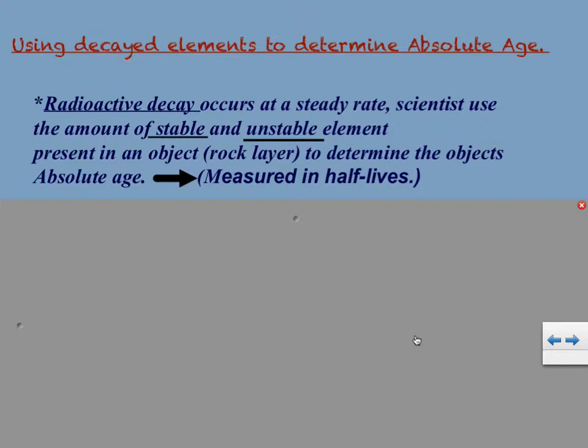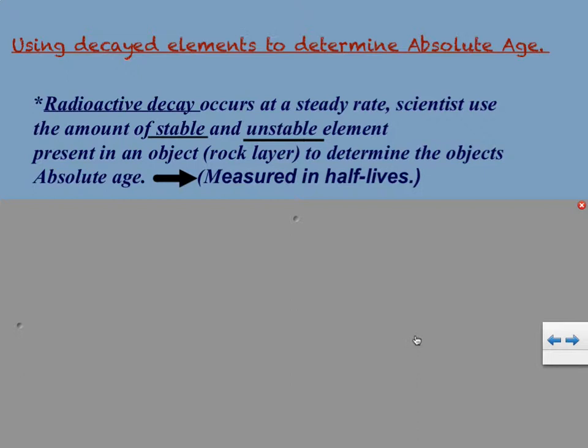So for instance, if the half-life is 5 seconds, it's going to remain 5 seconds. And what that means is half of the stable element that's there is going to go away after its half-life. So after 5 seconds, half of it's going to be gone. After another 5 seconds, another half's going to be gone. And after another 5 seconds, another half is going to be gone.